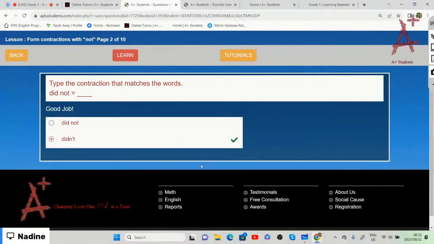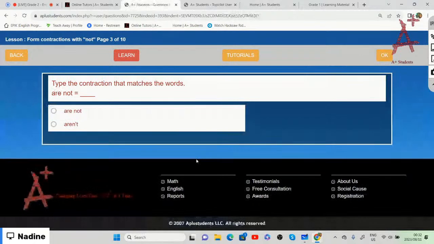Are not. We need to type the contraction that matches the words. For are not, we need to choose the correct contraction, which is the second option, aren't. So aren't is the same as saying are not.